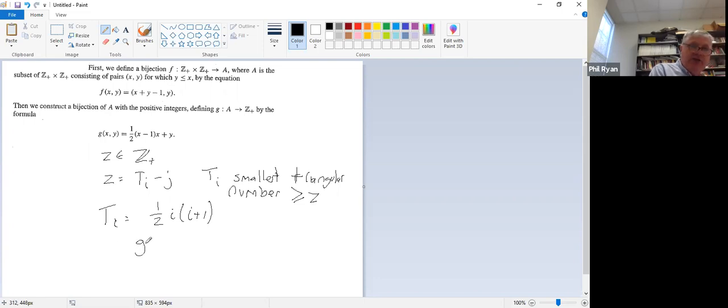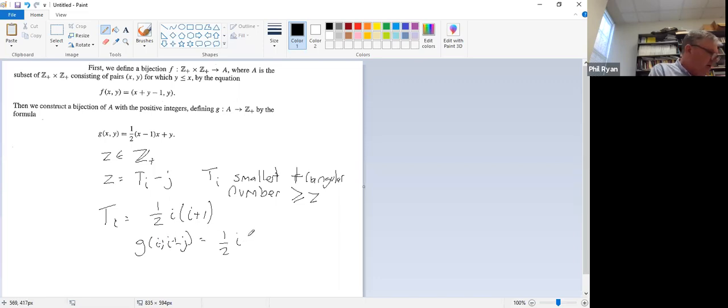So if we let G of (I minus J), look what that equals. Then that is equal to a half I, I think I want this to be minus 1. So I think we want to look at I minus 1 right there.